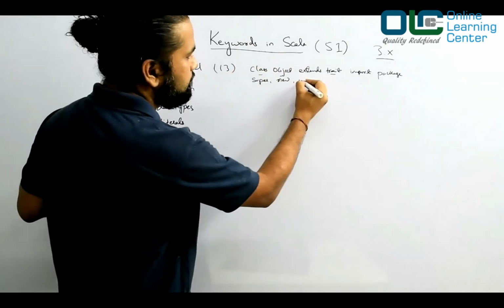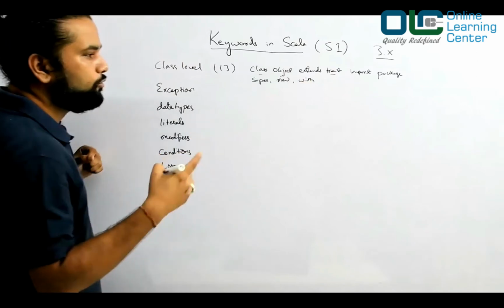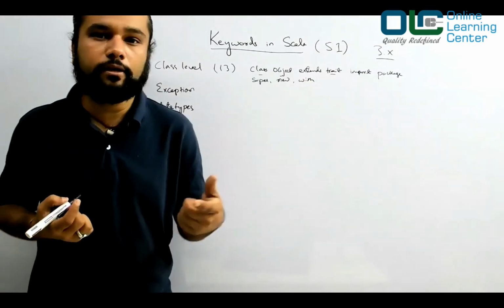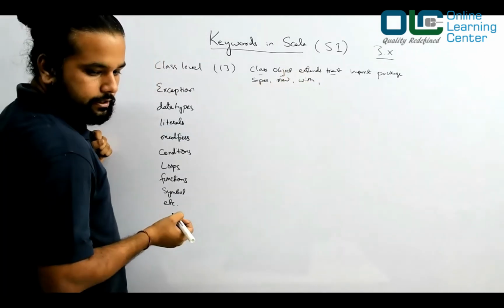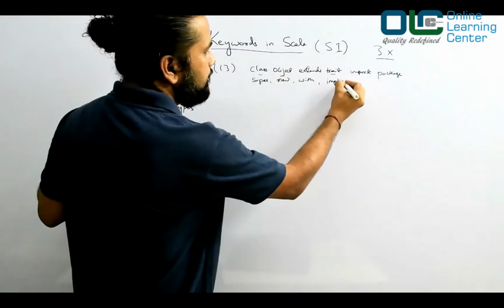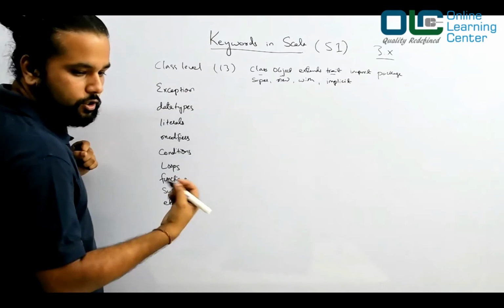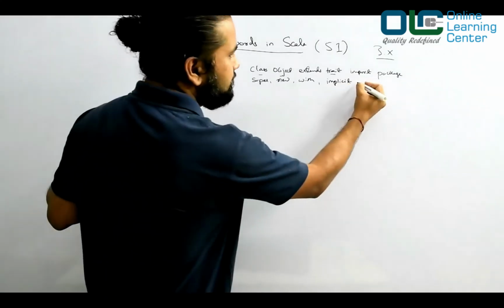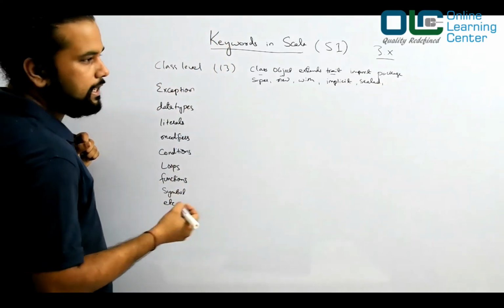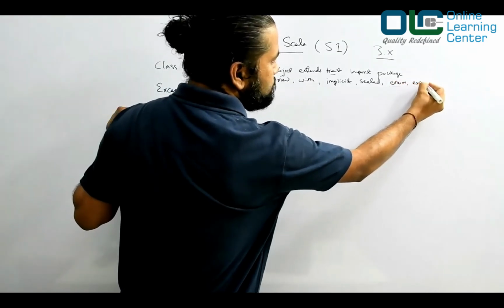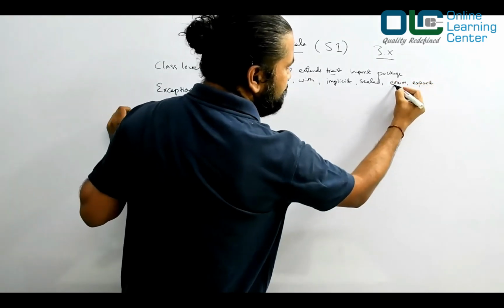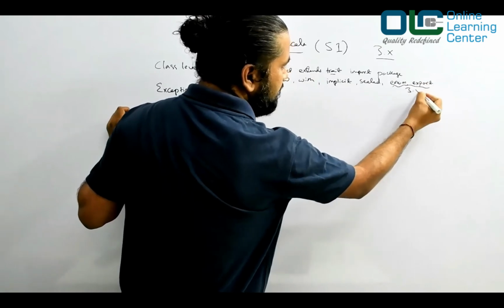You have with, which can be used when you want to extend from multiple classes or interfaces. Then you have implicit, which can be at class level; we'll talk about that. We have sealed, which is also at the class level. You have enum and export, and these two are newly added in Scala 3.x.